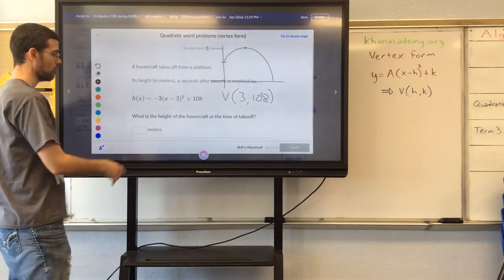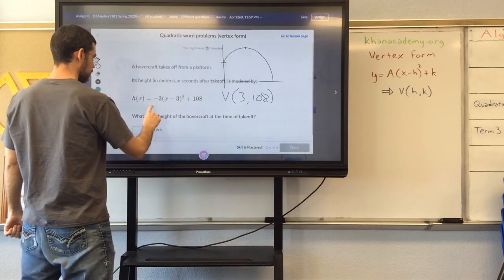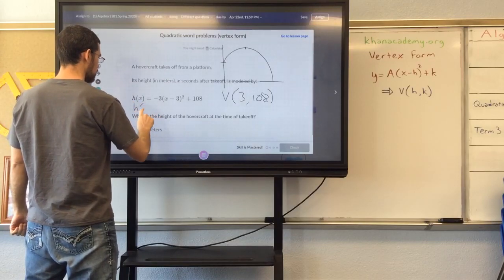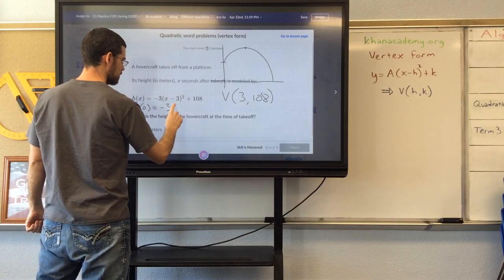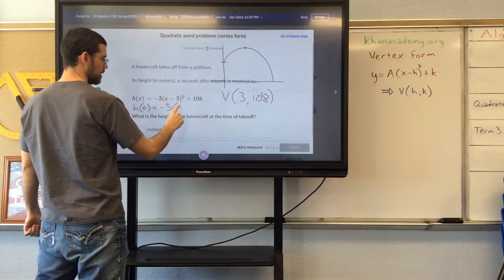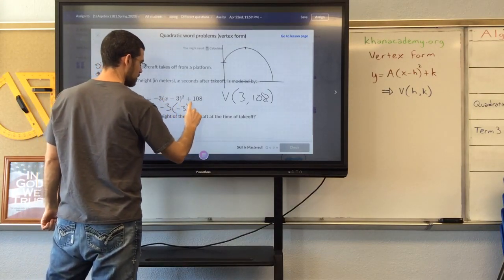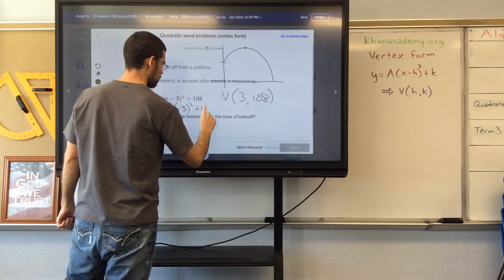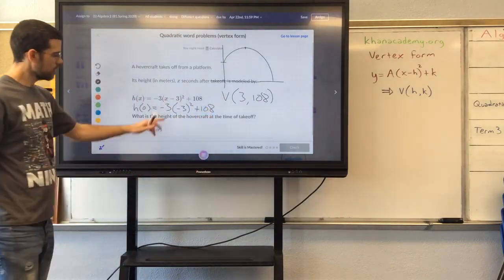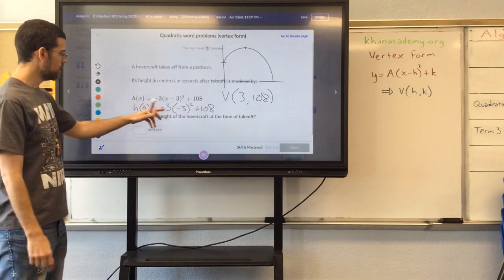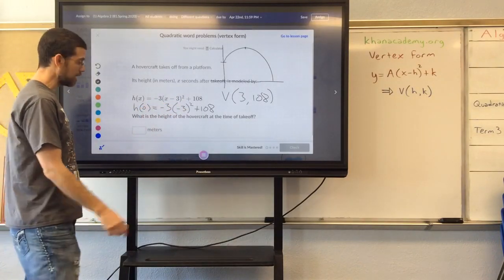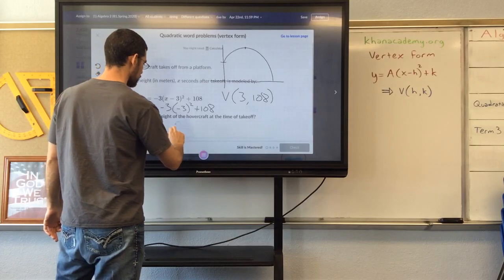We'll substitute 0 for x, and we get h of 0 equals -3 times 0 minus 3 is -3 squared plus 108. Squaring -3 is 9. 9 times -3 is -27.